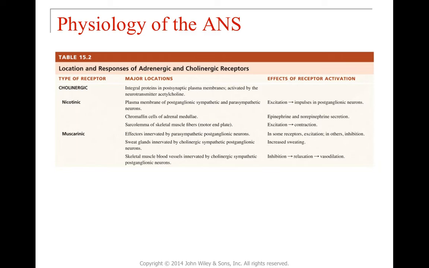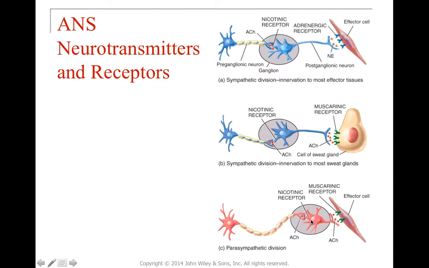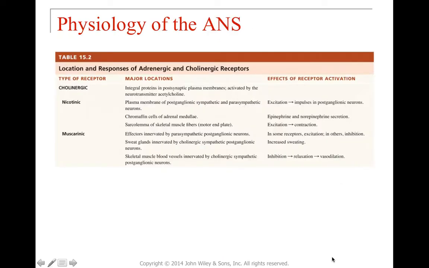And the effects of this can be variable, right? So if we have excitation here from the nicotinic, that's going to cause impulses in postganglionic neurons. Now, whether we are sympathetic or parasympathetic, either way, acetylcholine is going to cause excitation. So either way, parasympathetic or sympathetic, we have that release of ACh picked up by the receptor and then causes a trigger, right? And that triggers an action potential, which then causes the release at the other end, either of ACh or norepinephrine if we're talking sympathetic, or under parasympathetic, only acetylcholine.